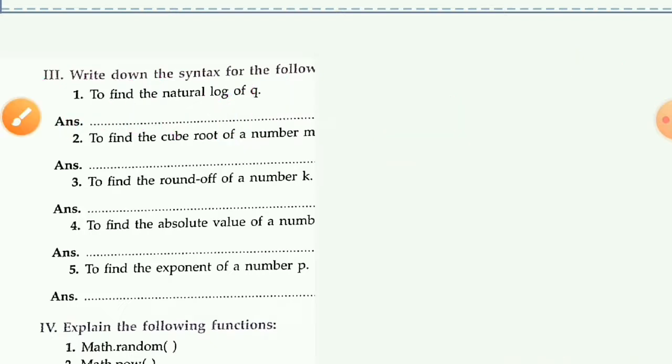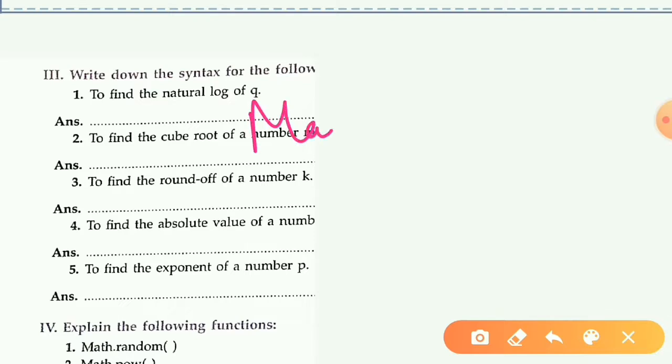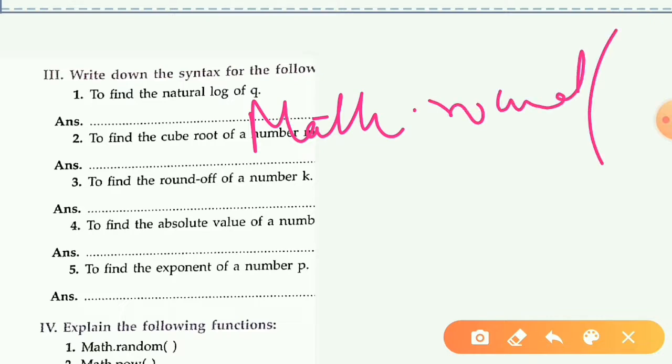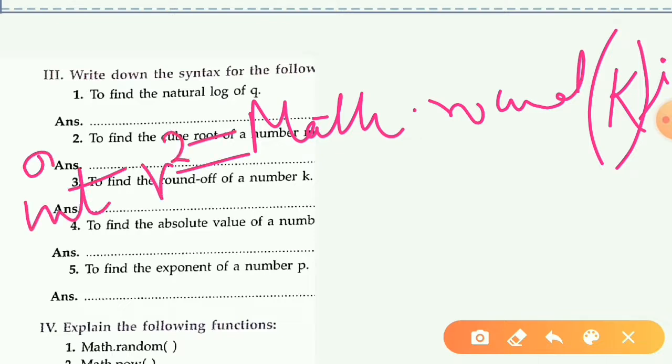Now see the third one. You have to find out the round off value of a number k. The round off value, how we are going to calculate it? You have to write down math dot round, and in bracket you will be writing what? k, and afterwards semicolon, and the value will be stored in an integer variable. Okay, now write down int v3 for the same. This is the answer for your third one.